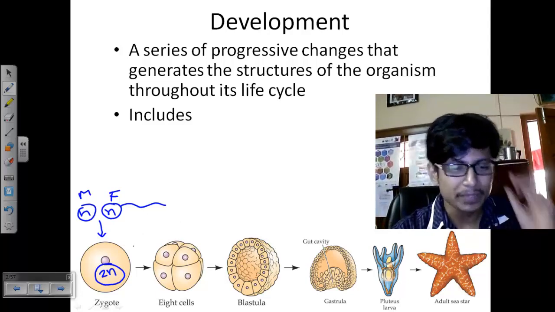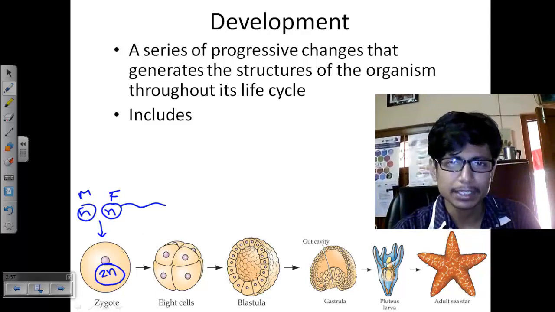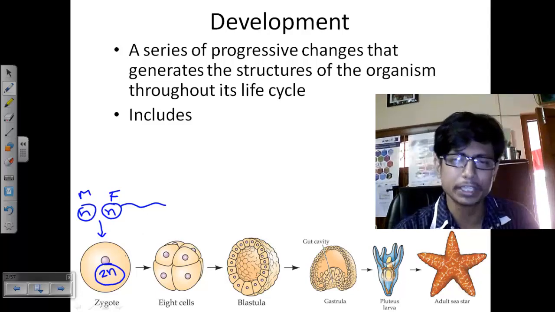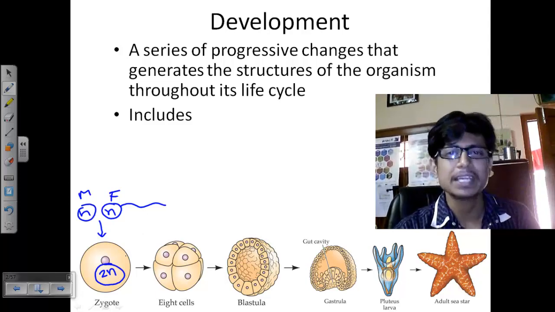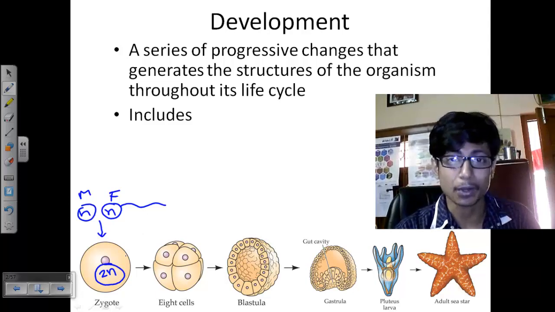Believe it or not, this is the cell everyone has at their earliest life stage, and that cell will divide, differentiate, and ultimately give us the fully functioning organism.